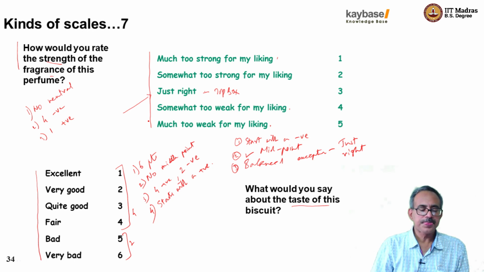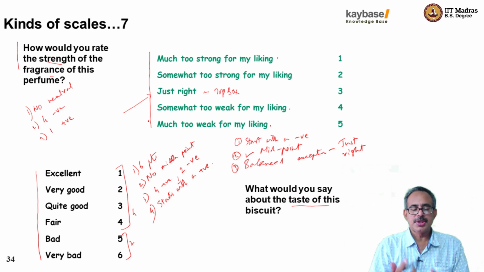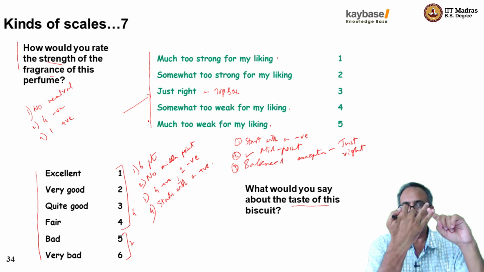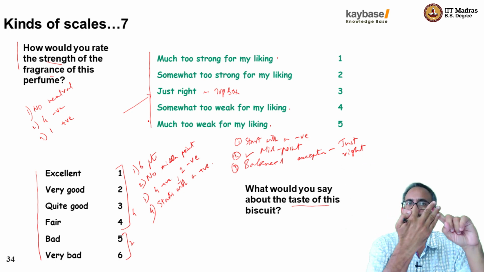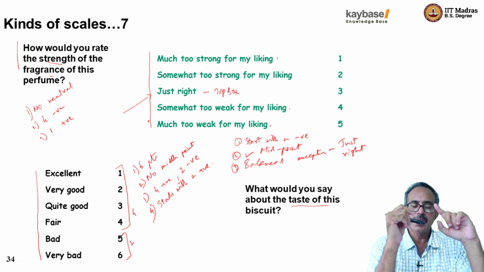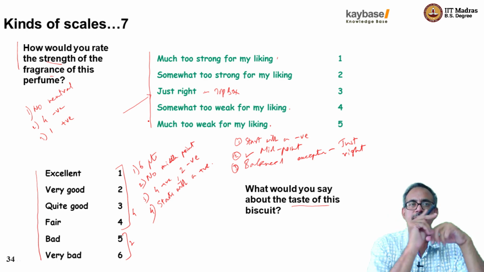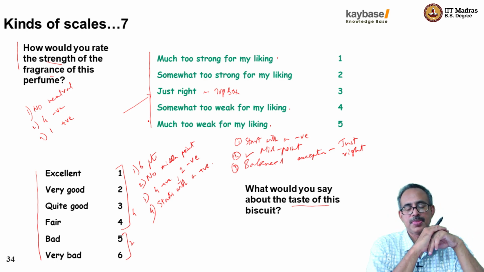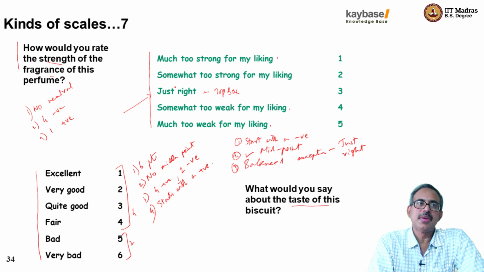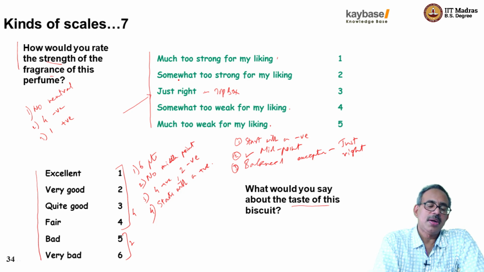Right? So start with a negative, have a middle point, have a balanced scale. Now, let me talk a little bit more about this just right scale. You can get the same result by, instead of using this scale, asking them, how much do you like the fragrance?